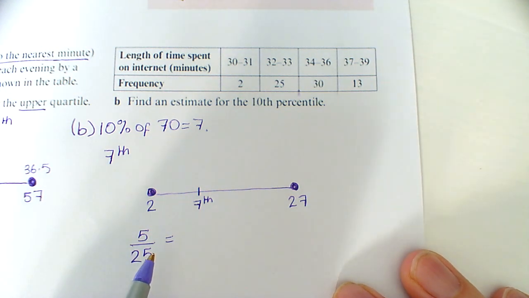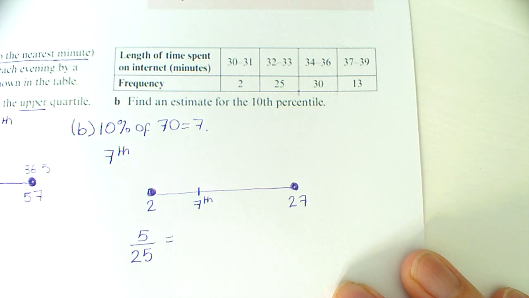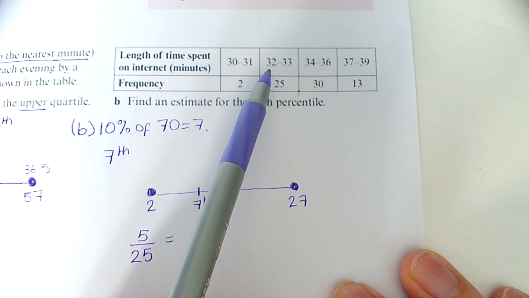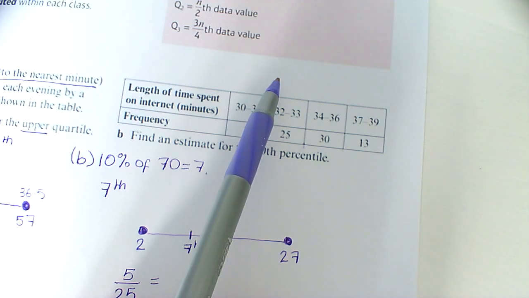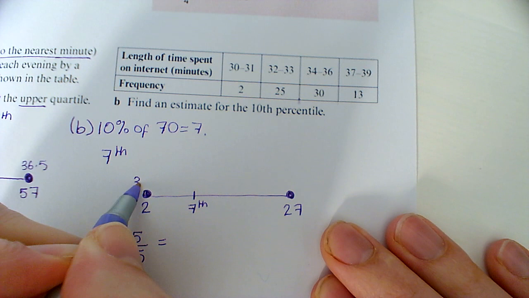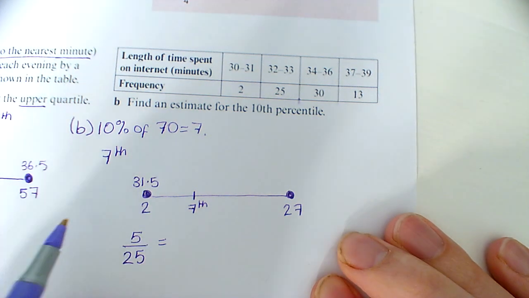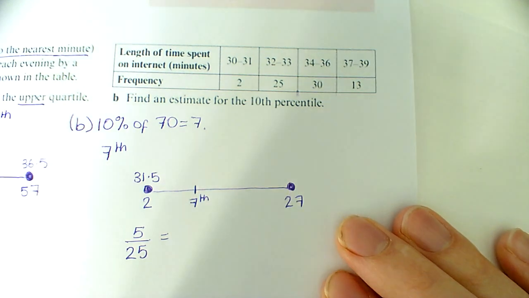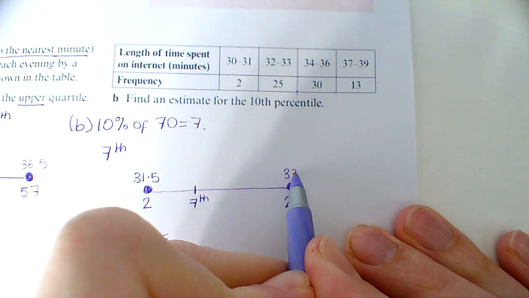Then we look at the bounds. We know it lies in here, so the lower class boundary isn't going to be 32, it's going to be 31.5, and the upper is going to be 33.5.